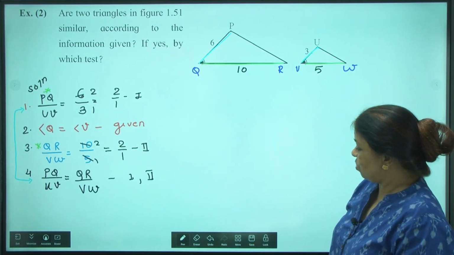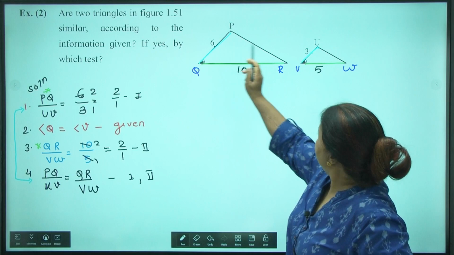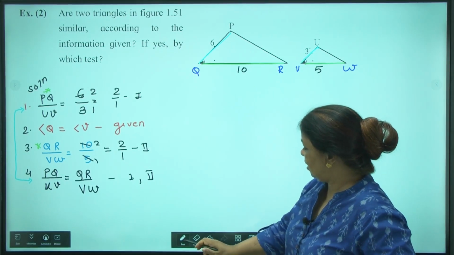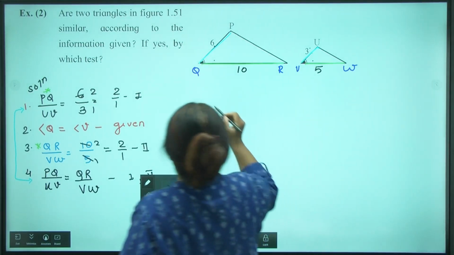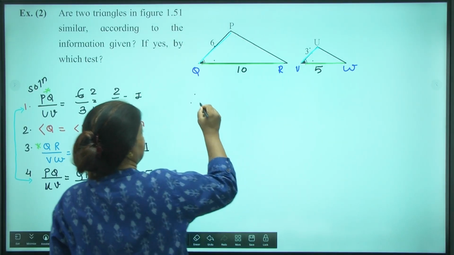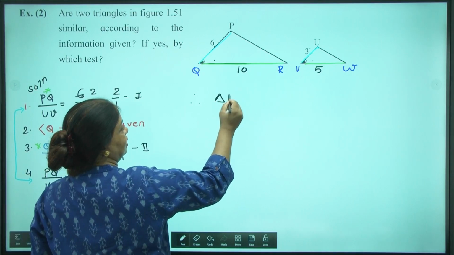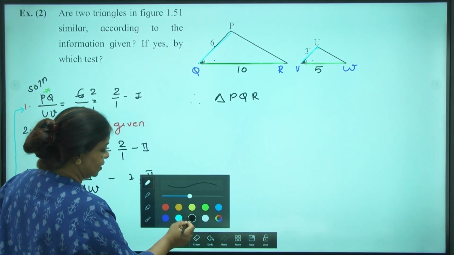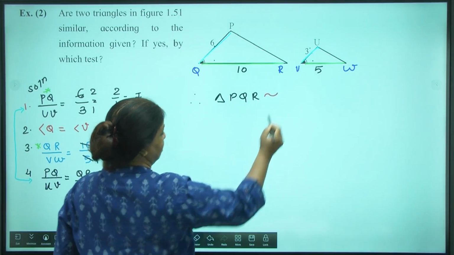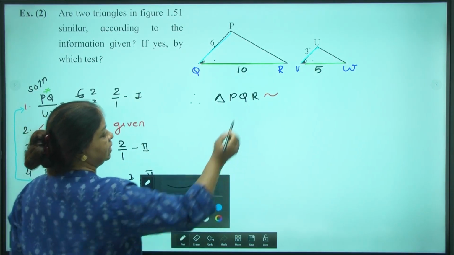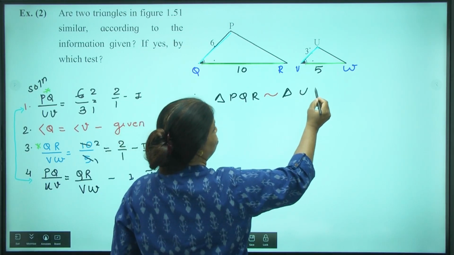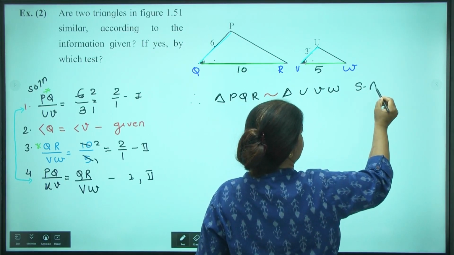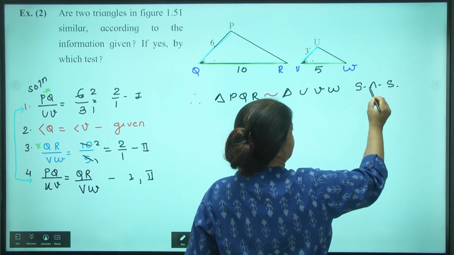This property is called the side angle side test, and therefore we can say triangle PQR is similar to triangle UVW by side angle side test.